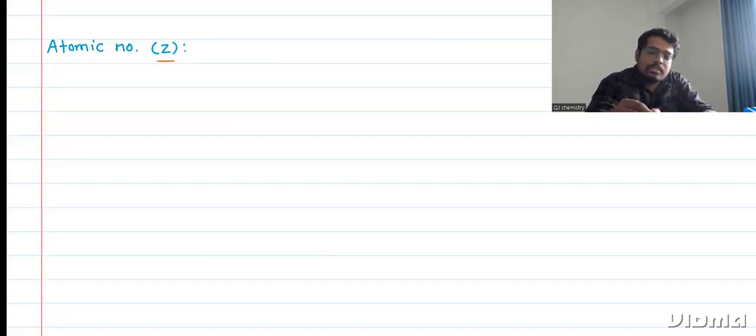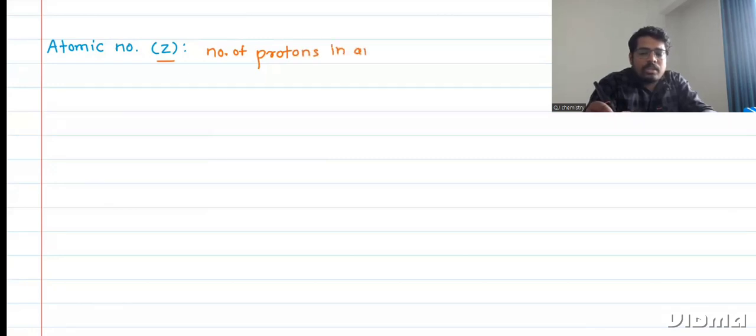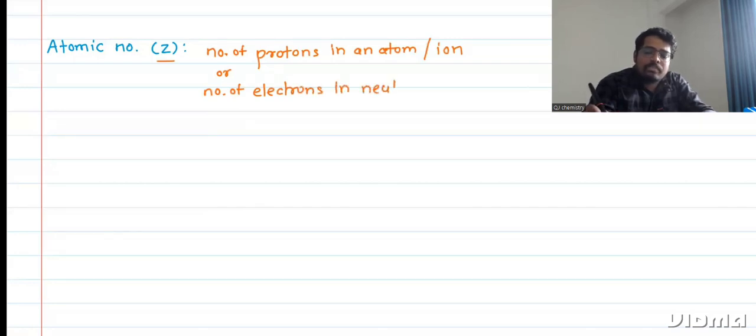Atomic number is equal to the number of protons in an atom or ion, or atomic number is also defined as the number of electrons in a neutral atom.